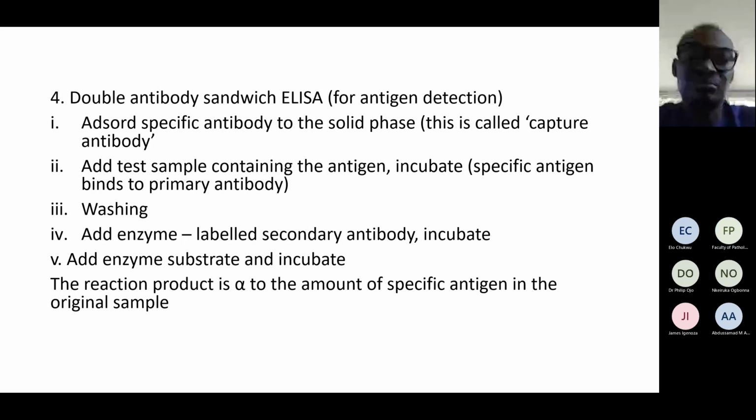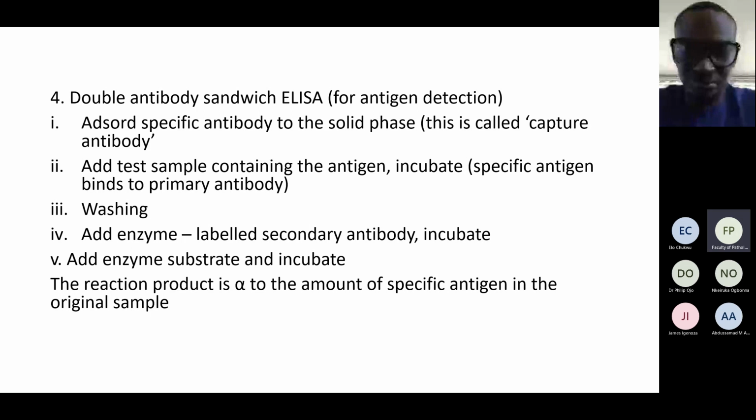Step one is to attach the specific antibody to the solid phase. This is called the capture antibody. So you coat the plate with the specific antibody. This is what is called the capture antibody.